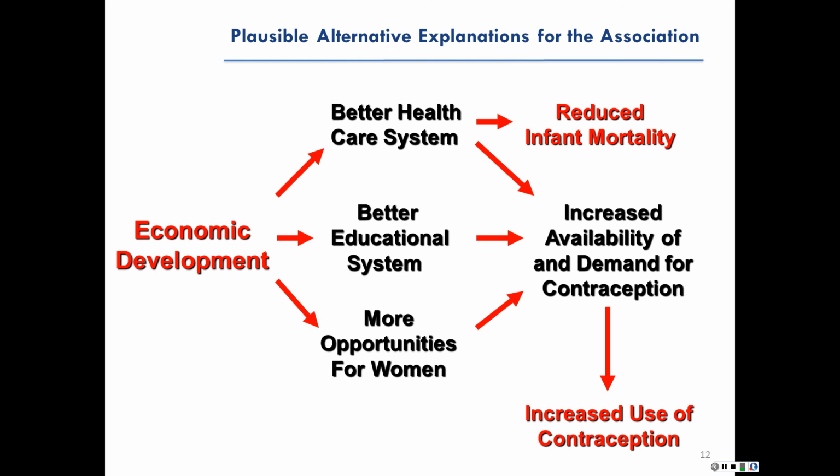With a better healthcare system, we would expect to see reduced infant mortality. Other studies have shown that when we see a better educational system and more opportunities for women, there tends to be increased availability and demand for contraception, which is going to lead to increased use of contraception. So you can see there are some other plausible alternative explanations for the association that we just saw on the prior slide.